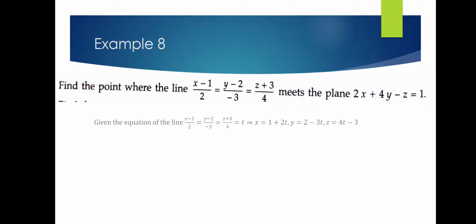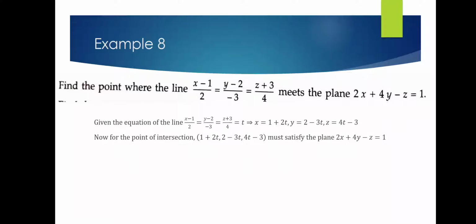How to do that? Let me consider that x minus 1 by 2 equals y minus 2 by minus 3 equals z plus 3 by 4 equals some t. So from there I can write x equals 1 plus 2t, y equals 2 minus 3t, and z equals 4t minus 3. You have already done this in the previous class when we were working with lines. Now let us put this into the equation of the plane.